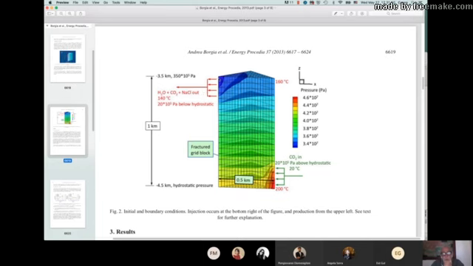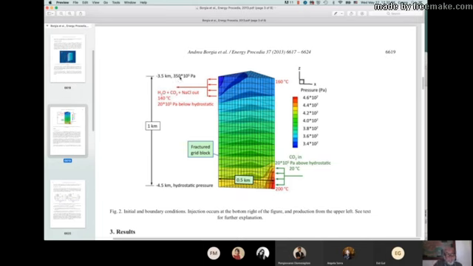Hydrostatic here is at 3.5 kilometers from the surface. So you are at 350 times 10 to the 5th Pascal, which is 35 megapascal.